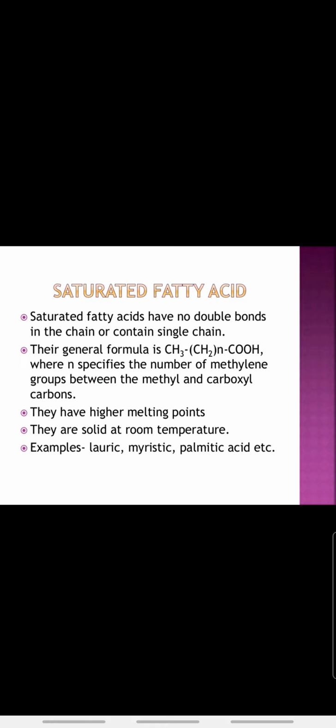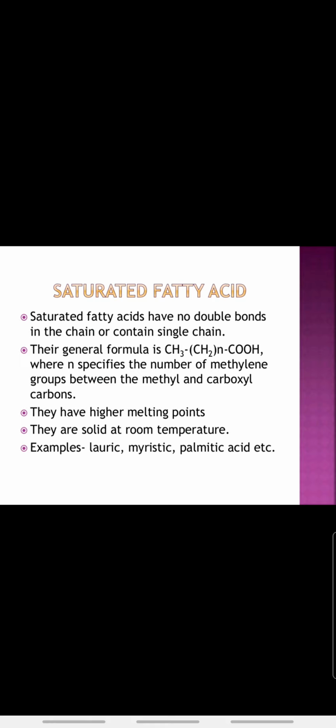Another common saturated acid, we have palmitic acid. Palmitic acid is actually a common saturated fatty acid that is postulated to have antithrombotic effects which can help prevent stroke.